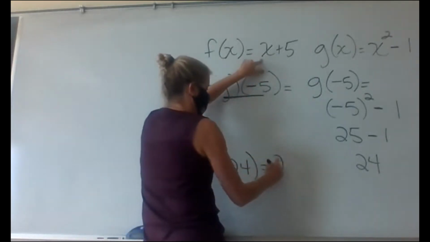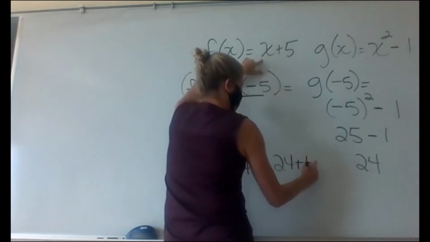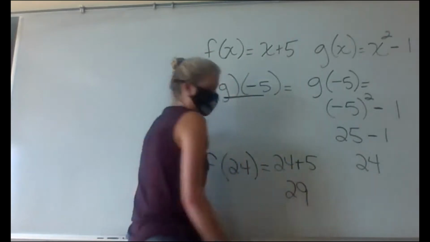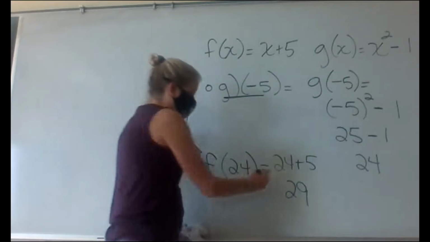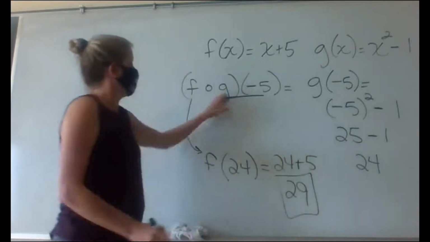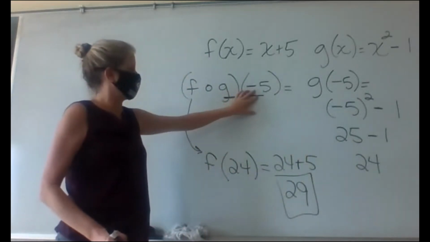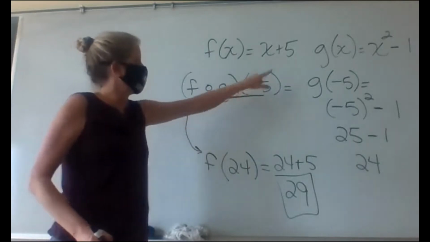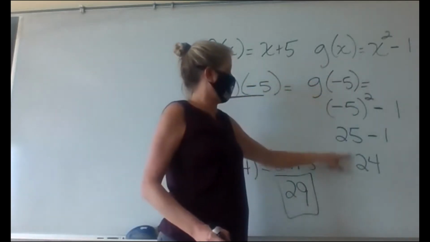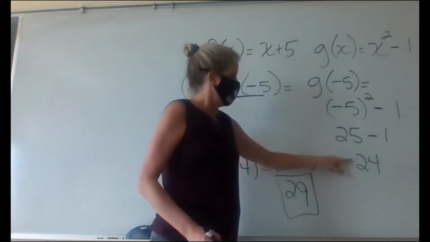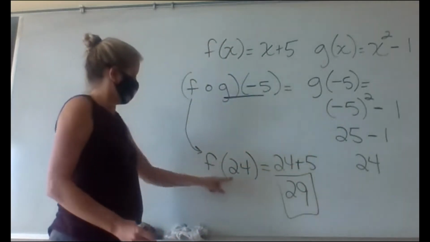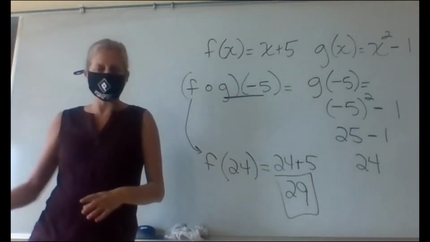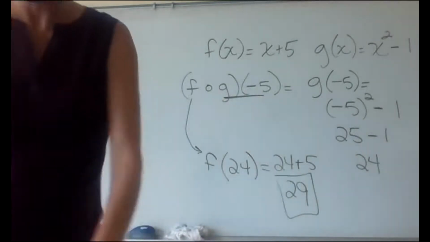So if I do that, I'll have 24 plus 5, which gives me 29. So that's how we did the composition of functions. Found the inside of the composition first. So went to the g, replaced its x with negative 5, got a solution, then used that solution to go find the outer part of the composition.